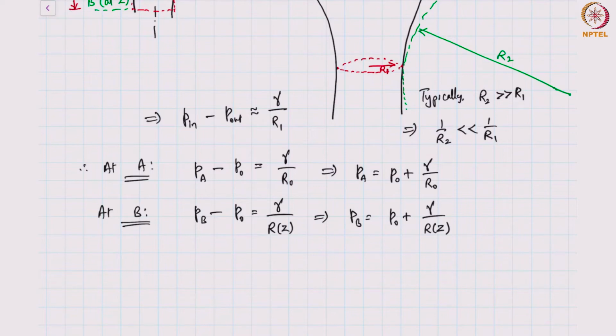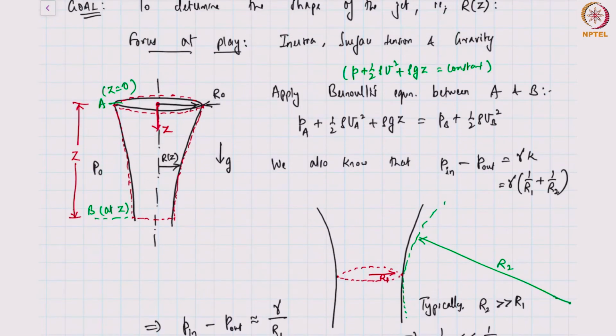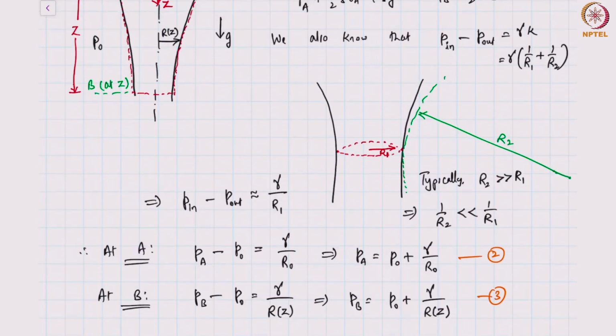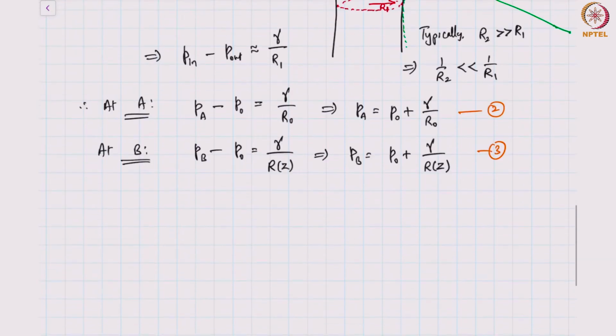Right? So now I've got PA and PB, and therefore I know PA minus PB in the Bernoulli's equation. Let's give this Bernoulli's equation a label. Let's call this equation 1. We'll call these equations 2 and 3. So now I can use equations 2 and 3 and substitute them into equation 1. And what do I get? Let's do that carefully. Substituting 2 and 3 into 1.